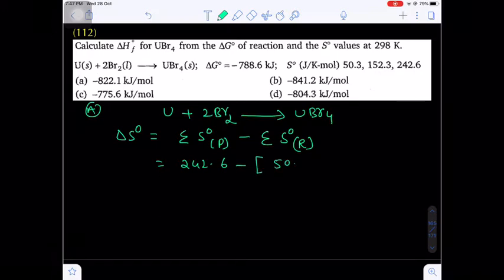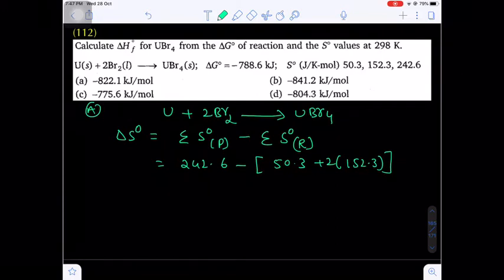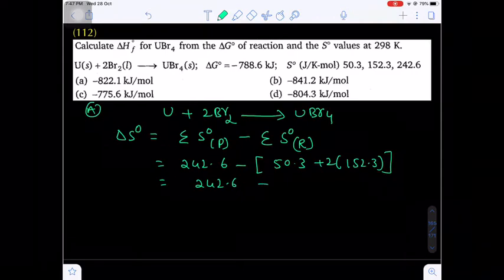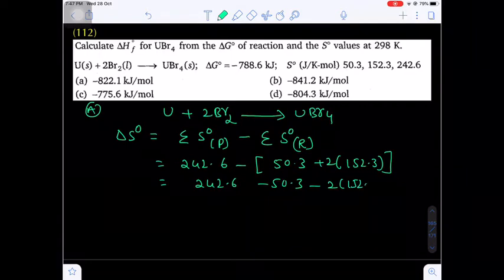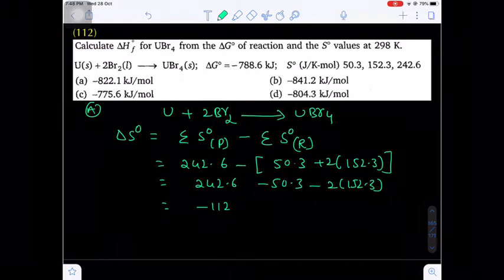Uranium standard entropy is given as 50.3 and for bromine the value is given as 152.3, but 2 moles of bromine are there, that's why 2 into 152.3. Are you getting my point? So you will get 242.6 minus 50.3, minus 2 times 152.3. Okay. After simplification you will get minus 112.3 joule per Kelvin per mole.